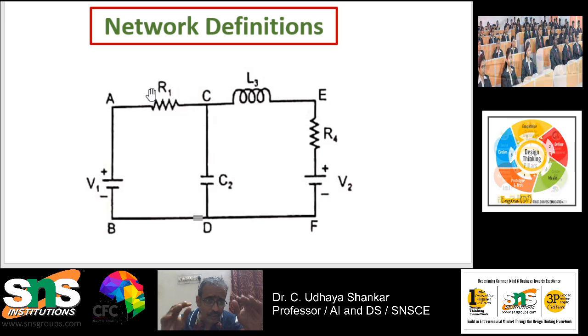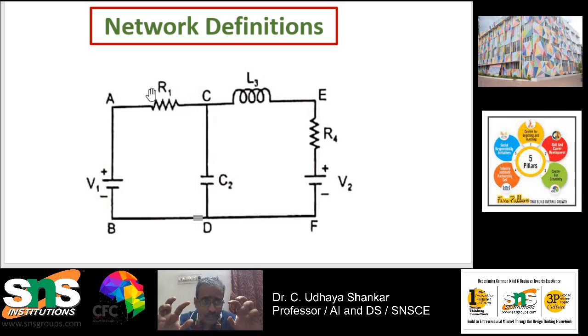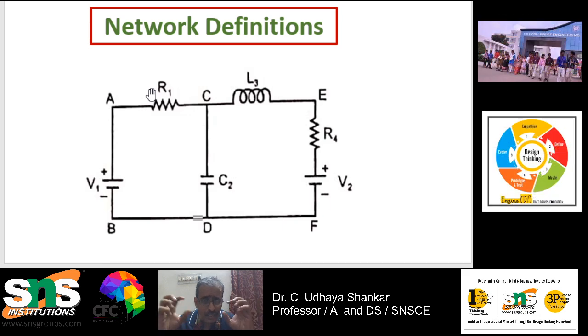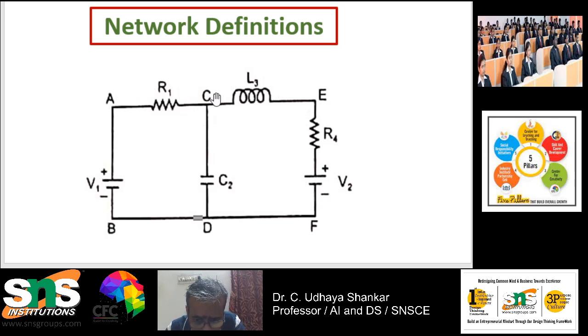Any arrangement of electrical energy sources along with circuit elements is called an electrical network. This is a very simple electrical network. Please understand, an electrical network is nothing but an arrangement of electrical energy sources with circuit elements, that is our network elements, which we will discuss next.